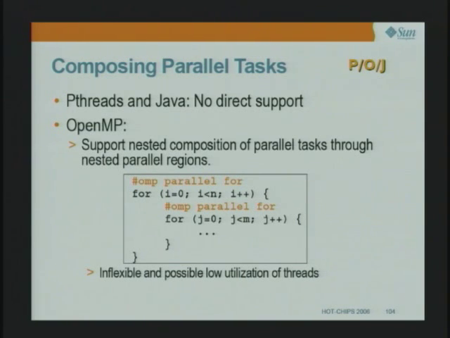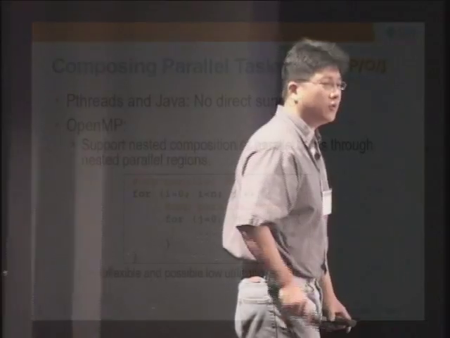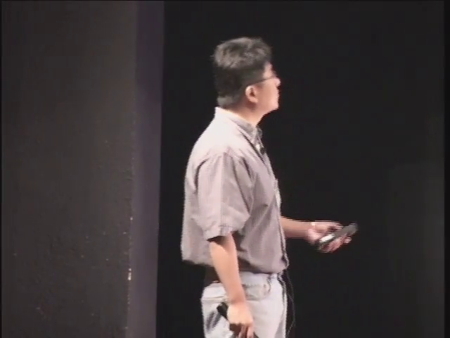You can just say OpenMP parallel 4, OpenMP parallel 4. This is well-specified behavior in the OpenMP specification, and the compiler and runtime take care of it. But the problem with nesting tasks through nested parallel regions is that it's inflexible and may result in poor utilization of resources.